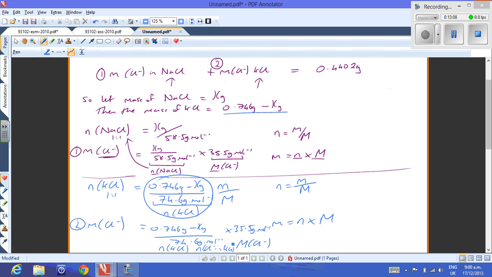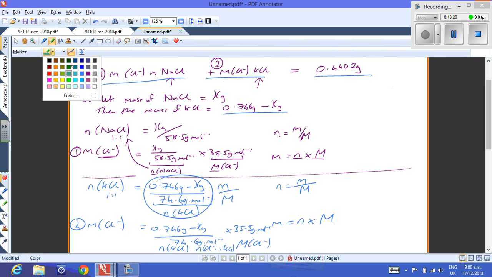So then to get the total mass of the mixture, you need to add expression number one to expression number two to give you 0.4402 grams. So what I'm going to do is I'm just going to highlight these two expressions. I'm going to be taking this expression right here. Take a line just to show that. Use this expression right here.